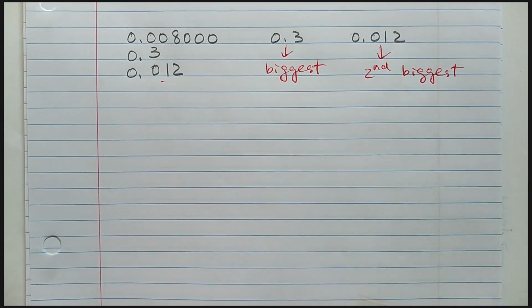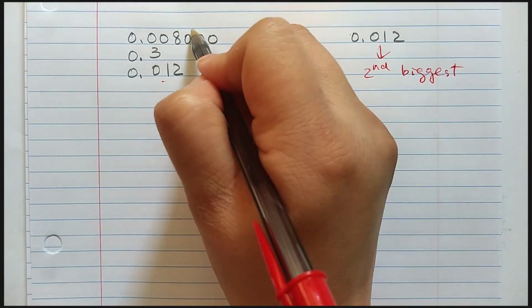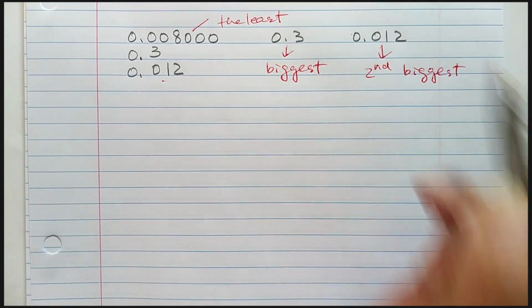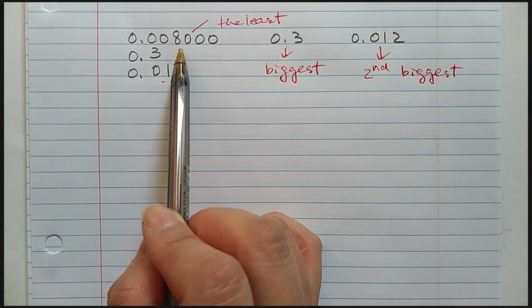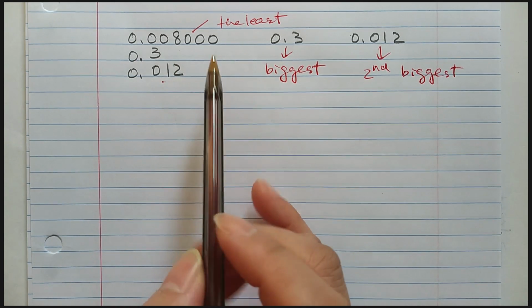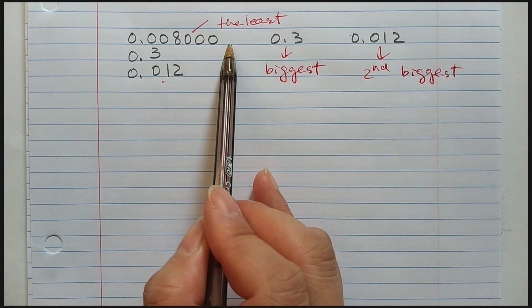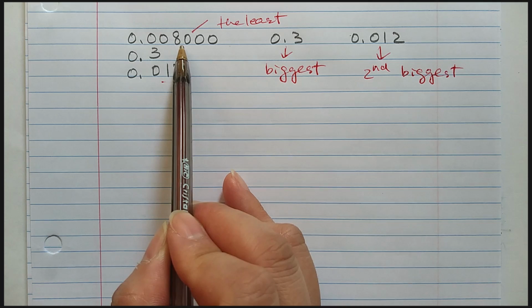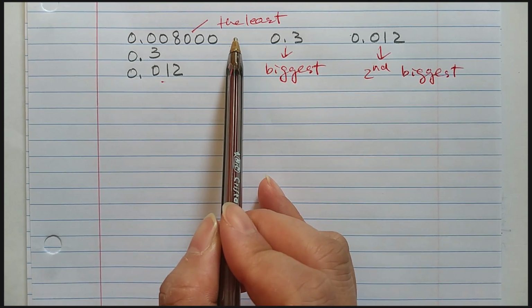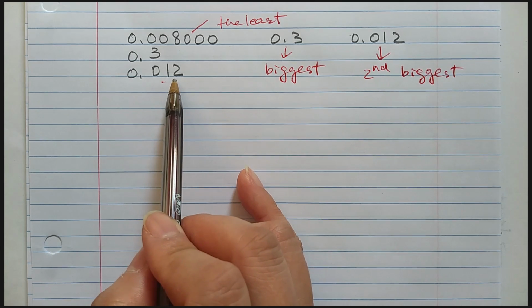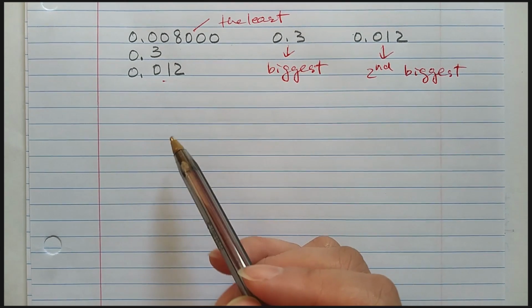And then this number is the least. At first, it may look like 8,003 and 12, but the following zeros don't have any value, and this is 0.008, so that is the least, and 0.3 is the biggest, 0.012 is the second biggest.